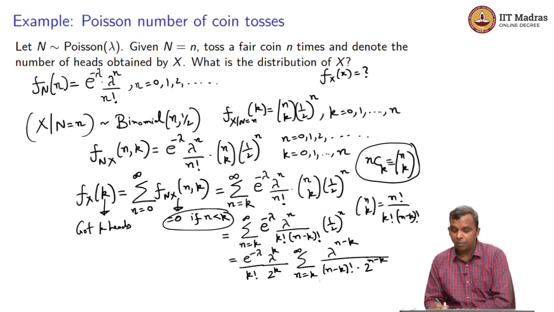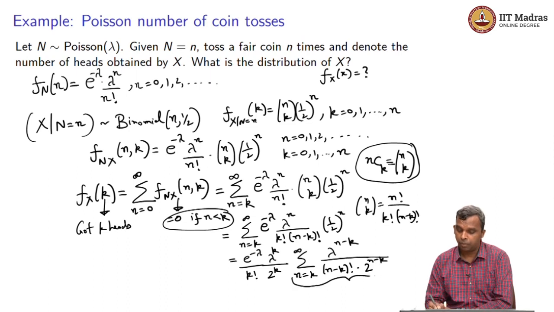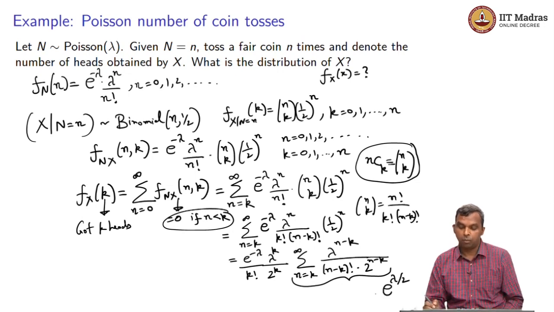And this summation, if you look at it very carefully, you will see this summation is e power lambda by 2. There are various ways to identify this.